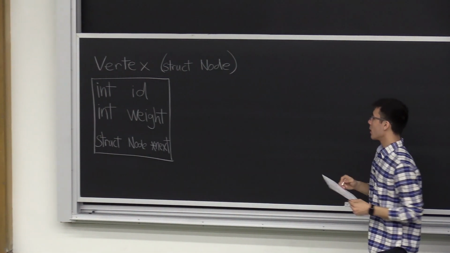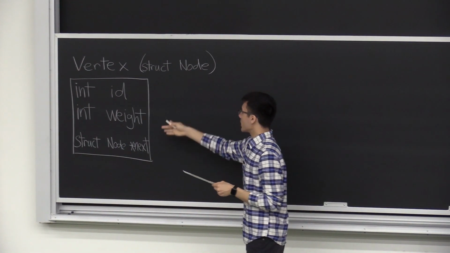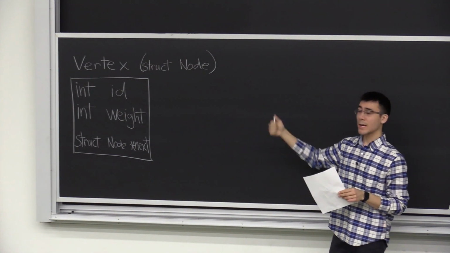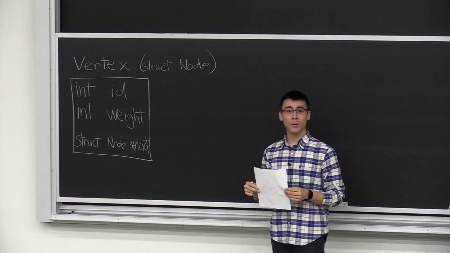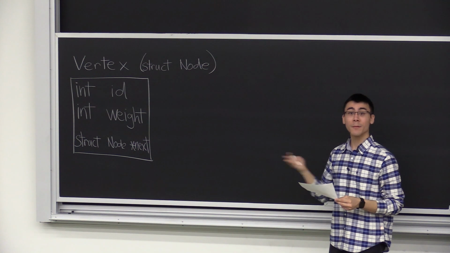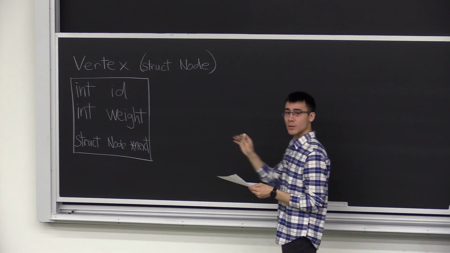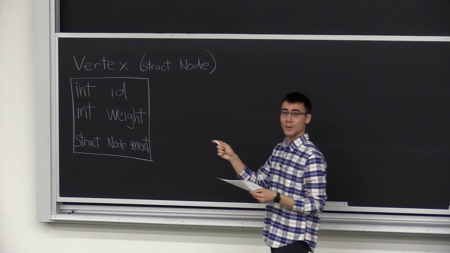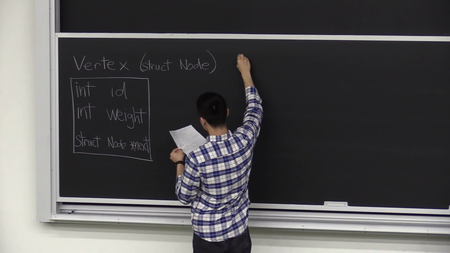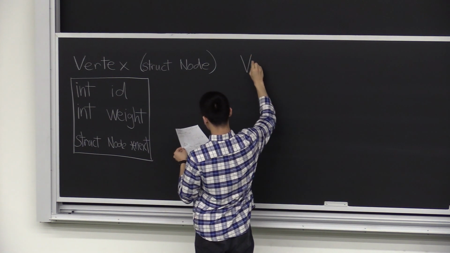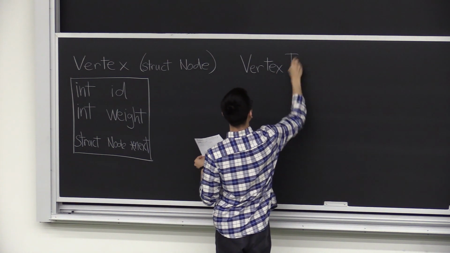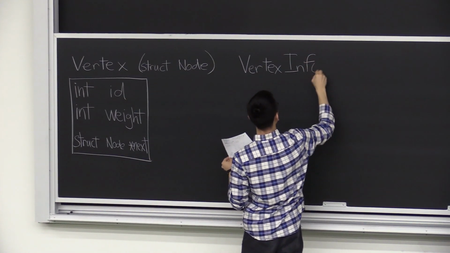Now, this is great for implementing just a graph by itself. But later on, we're actually going to go into a few other algorithms in graphs, which will require a little bit more information for this. So I'm just going to draw this now, and it's going to make a lot more sense later on in the video. So I'm going to make something called vertex info.